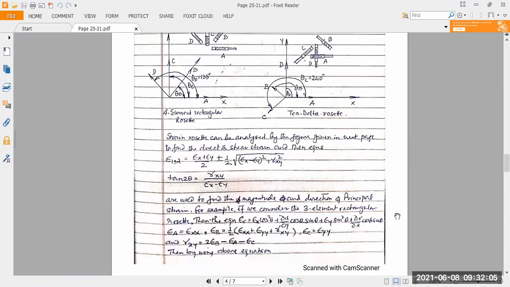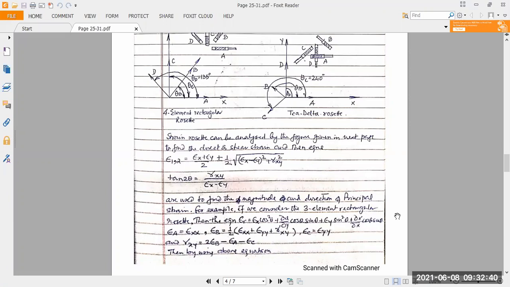In the next figure, what we have from our strength of materials practice, the principal strains along 1 and 2: 1 is the maximum strain, and 2 is the minimum strain. They are (Ex plus Ey) divided by 2, plus or minus half into the square root of (Ex minus Ey) whole squared plus gamma xy squared, where Ex is the strain along the x-axis, Ey the strain along the y-axis, and gamma xy is the shear strain acting on both x and y axes.